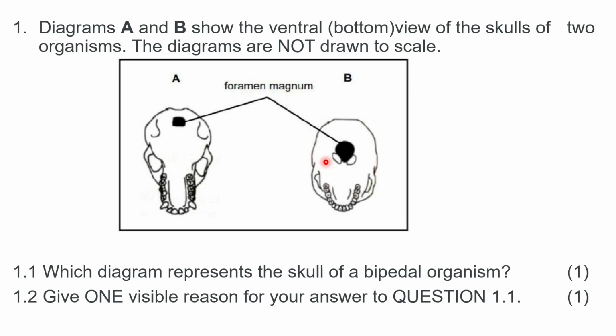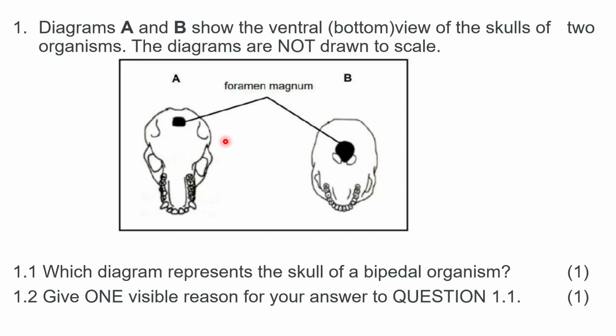You remember the foramen is that part where the spinal cord enters into the skull, and we must identify between quadrupedal and bipedal organisms. In a bipedal organism, this foramen will be more to the front, whereas in a quadrupedal organism, this foramen will be more to the back.